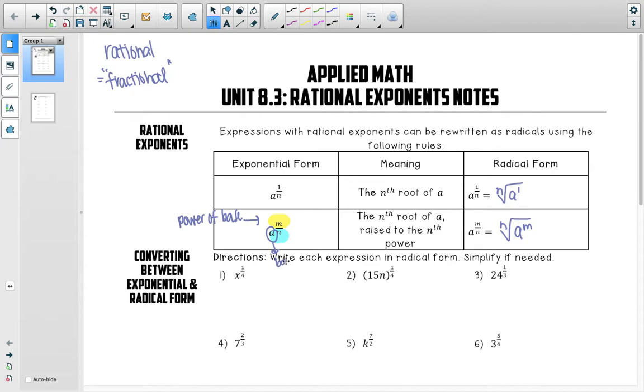So this is the base. The n is the type of radical. So the denominator tells you if it's a square root, cube root, all that.